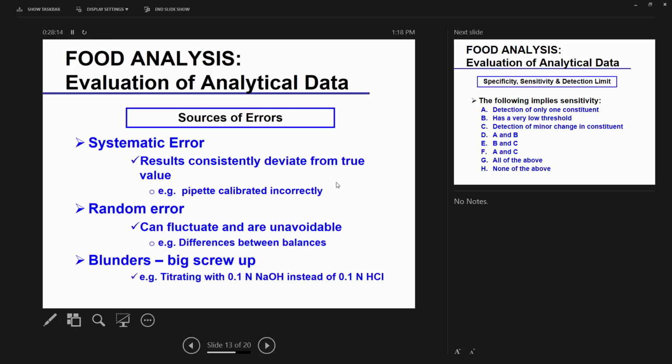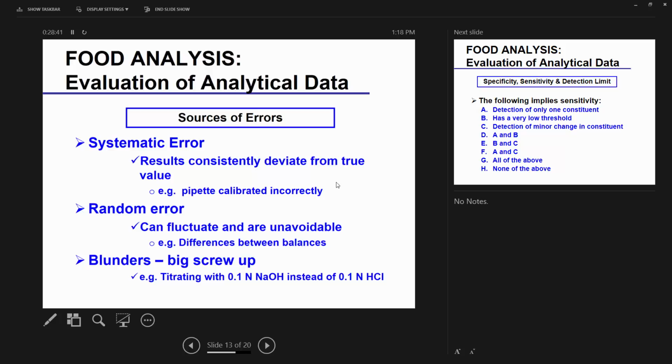Anyway, you have something called systematic error. That means, as I told you earlier, you're always getting something consistently wrong. Like a balance is off, or a pipette is off, or your method of pipetting is off. When you use a mechanical pipette, there's a certain technique. If you don't do it and you always do it in a certain wrong way, then you're always going to get that same systematic error.